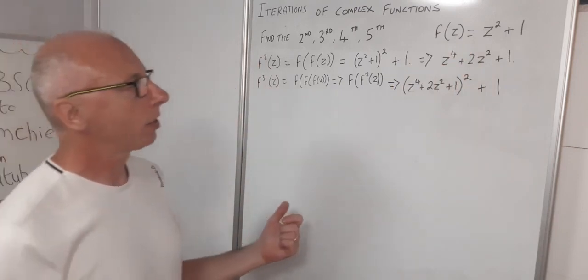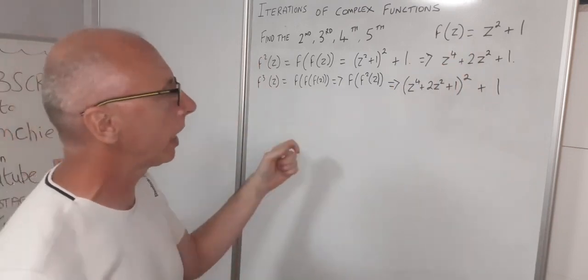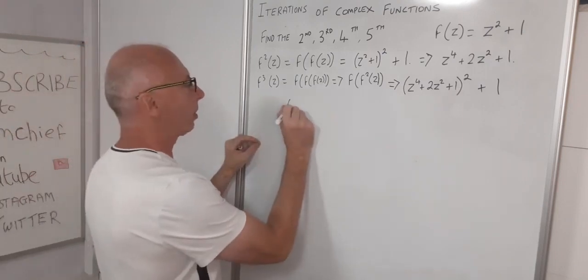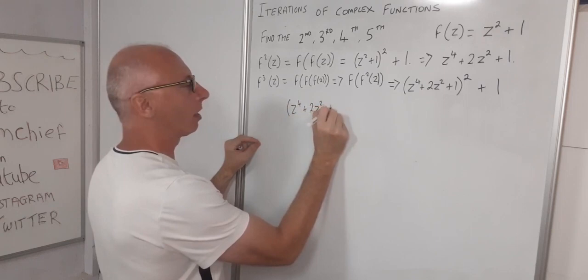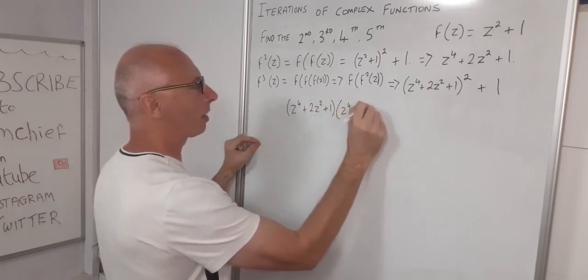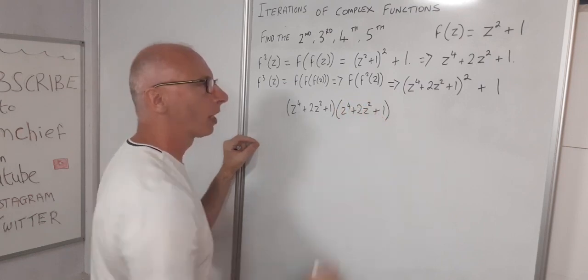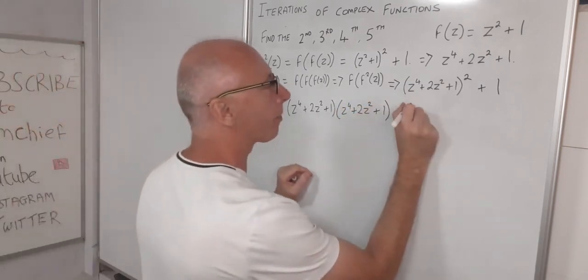Okay, now we're going to FOIL this one out. This one could be a little bit more complicated. So let's just write it up so we don't make any mistakes. And then z to the 4 plus 2z squared plus 1. Okay, I'm going to write my answer straight in here.